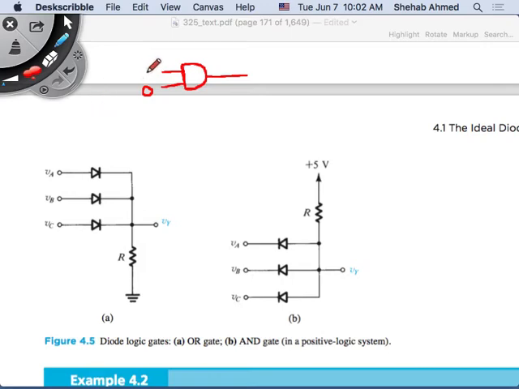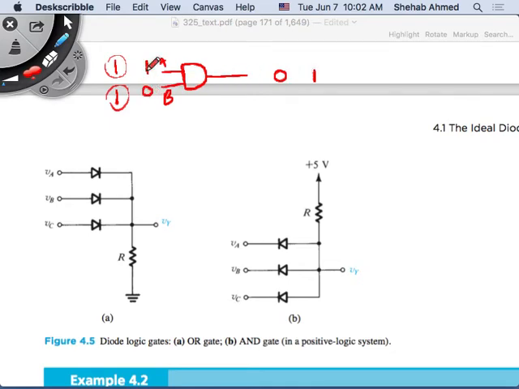So if I put a 0 and a 1 in an AND gate, the output is 0. Input A and input B have to be 1 for me to get a 1 at the output.